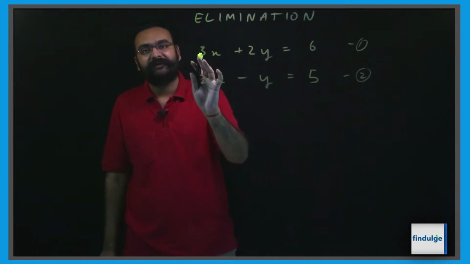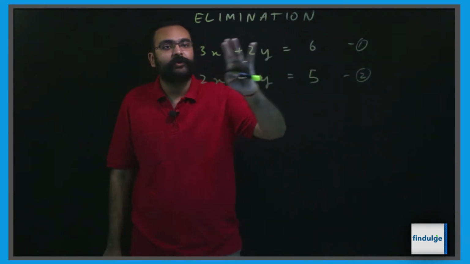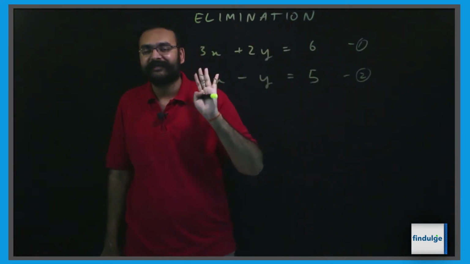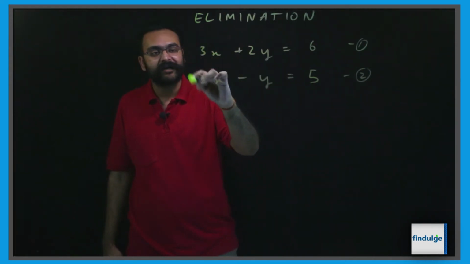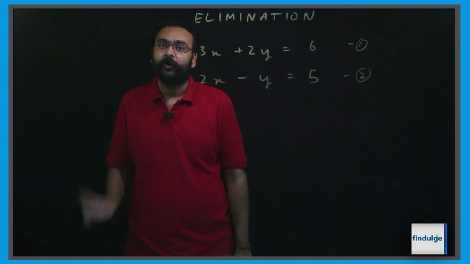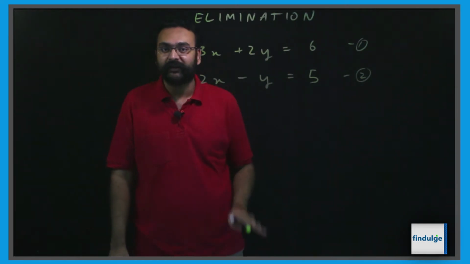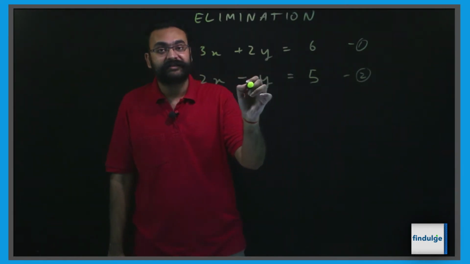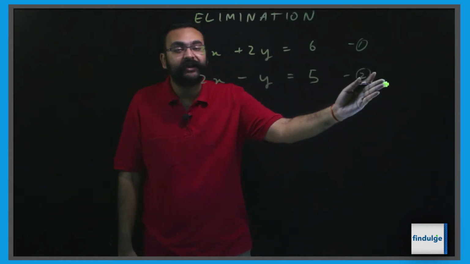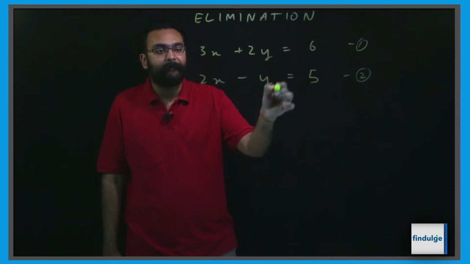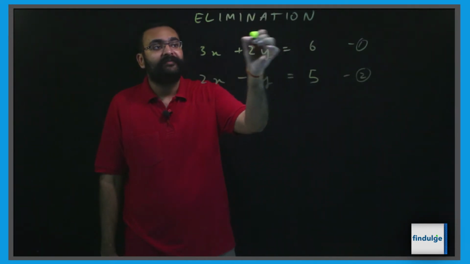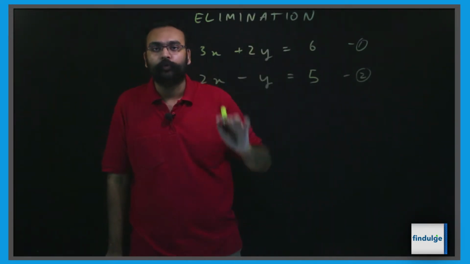So I can either multiply my first equation by 2 and my second equation by 3, in which case this would become 6x, this would become 6x. Or in this particular case, I can instead multiply my second equation by 2, in which case this would become minus 2y and this would remain as 2y.